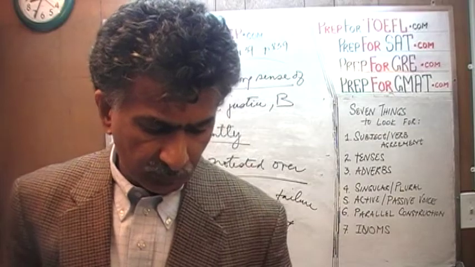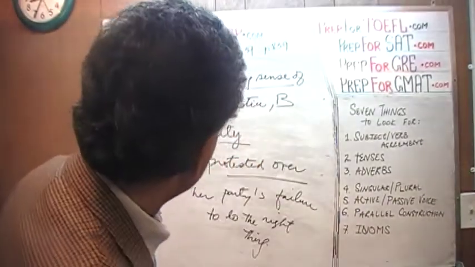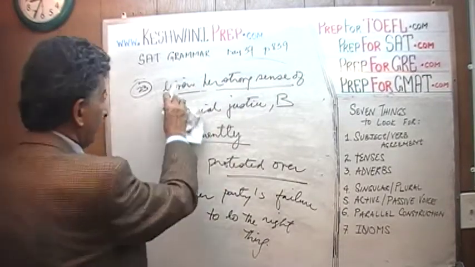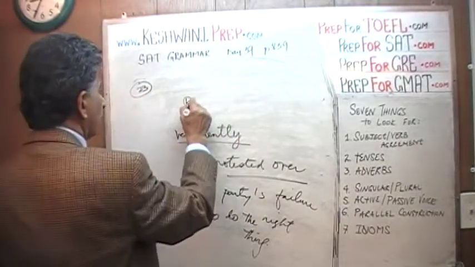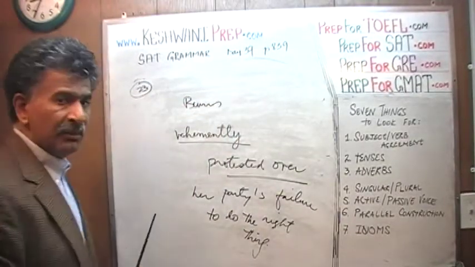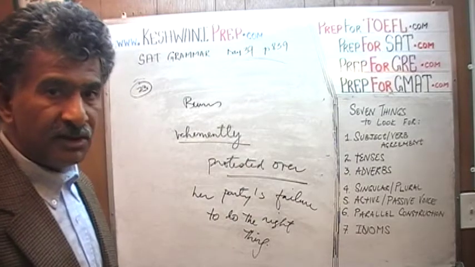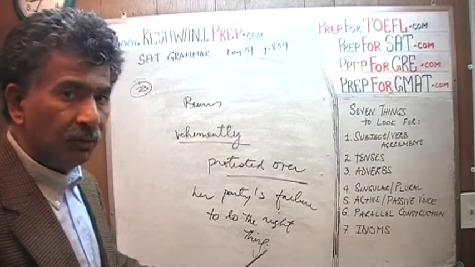Given her strong sense of social justice, that part is fine. All of this is fine, and actually it doesn't do anything, we can ignore it. Burns vehemently protested. Do you see the mistake here? She vehemently protested her party's failure to do the right thing.